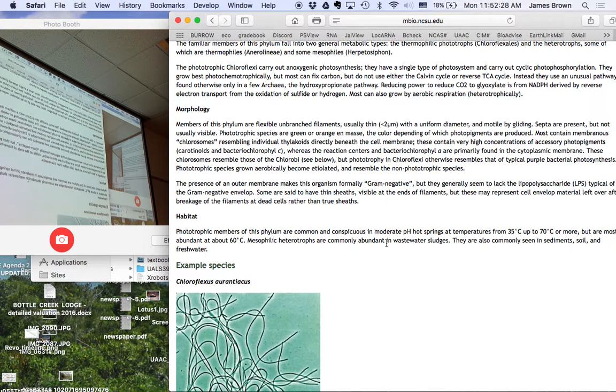And so antenna complex is a protein with a photopigment, right, chlorophyll. And then when the light is absorbed, they transfer from one to another, and that energy state makes its way ultimately to the reaction center where photosynthesis can take place. But that photosynthesis takes place at the cell membrane, not in the chlorosome.